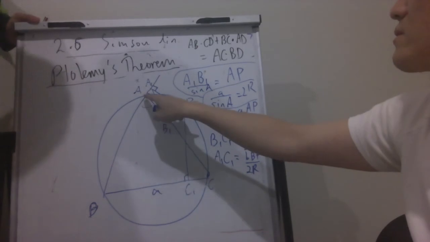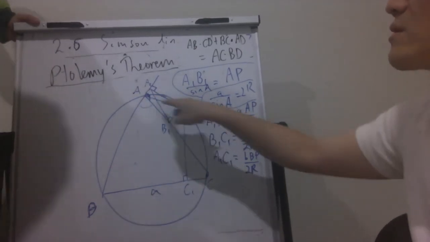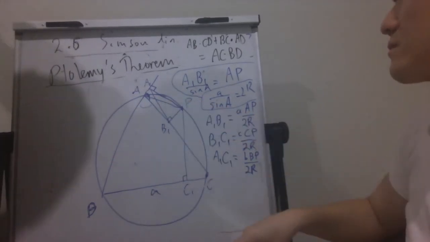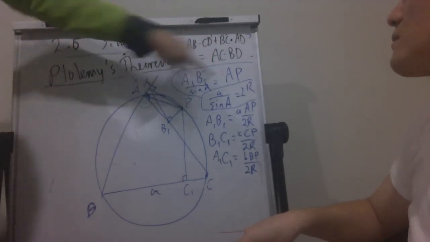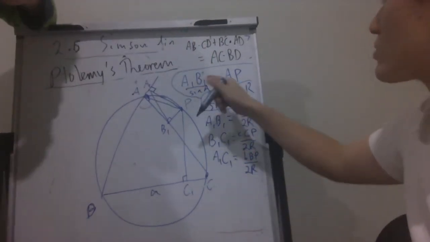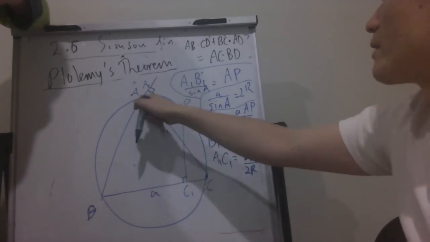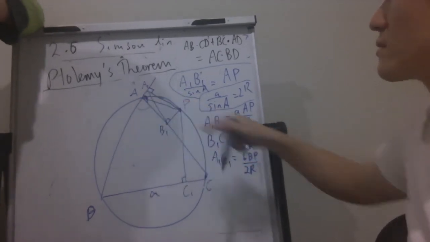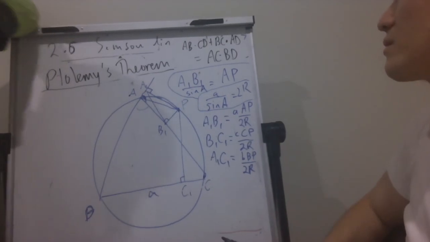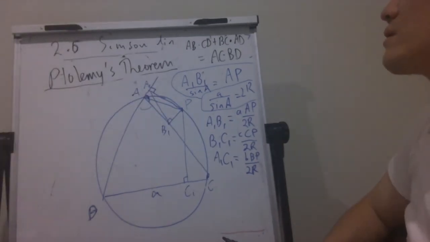The 2R is the diameter of the big circle. And the diameter on the small circle of the A1B1 triangle, the circumradius, is AP. Okay, yeah, thanks.